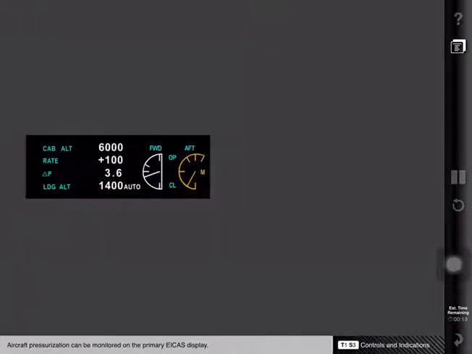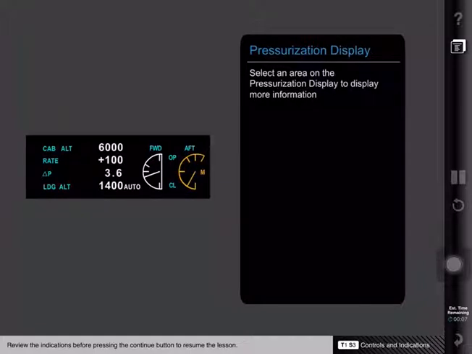Aircraft pressurization can be monitored on the primary ICAS display. Review the indications before pressing the Continue button to resume the lesson.